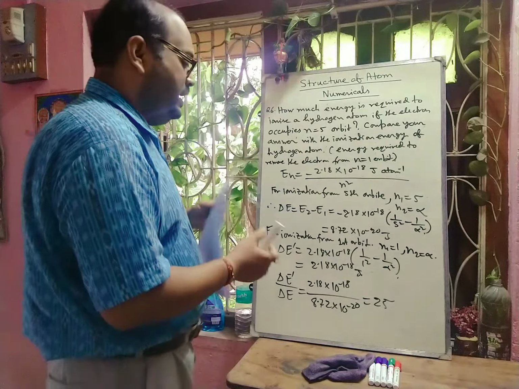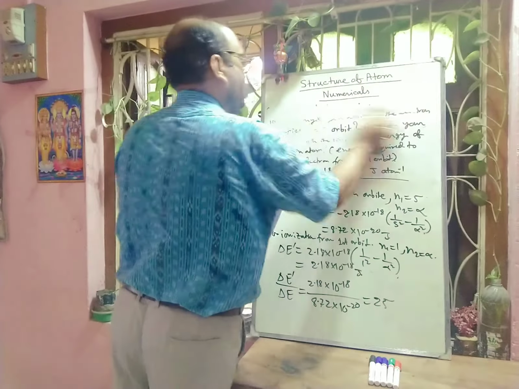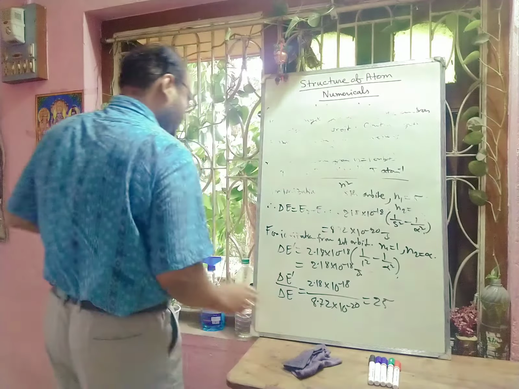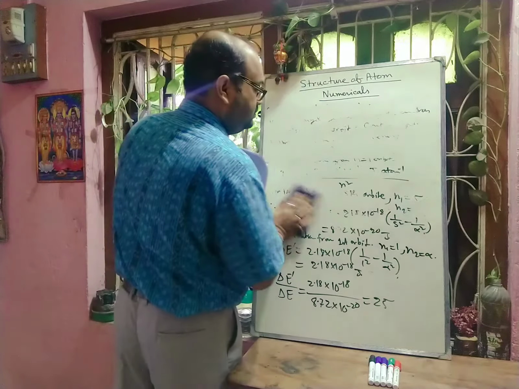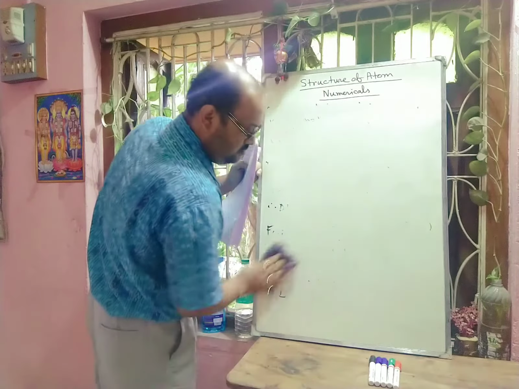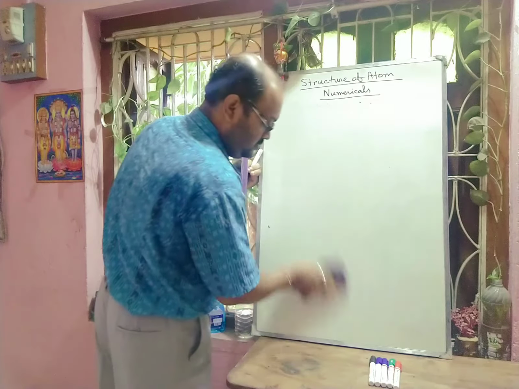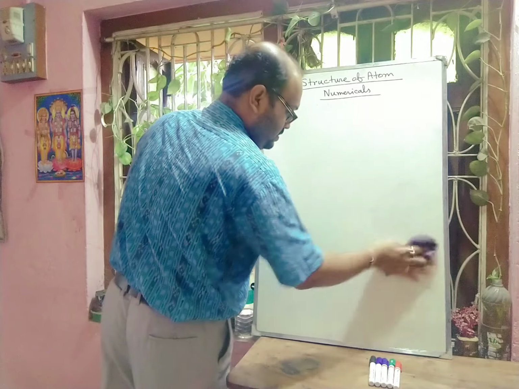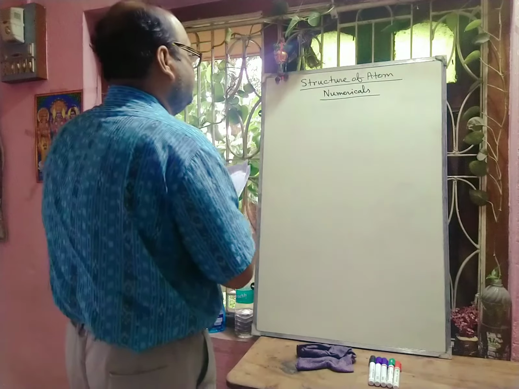Next we will discuss the problems from de Broglie's equation, or de Broglie's wavelength. Next, problem number 7.